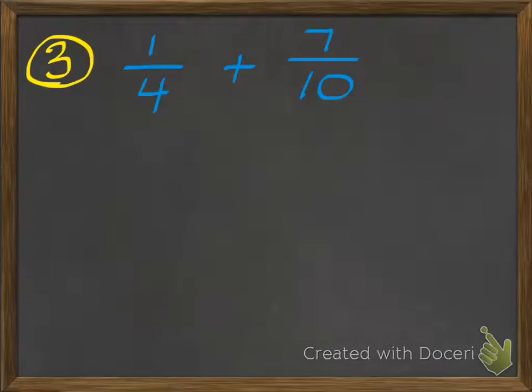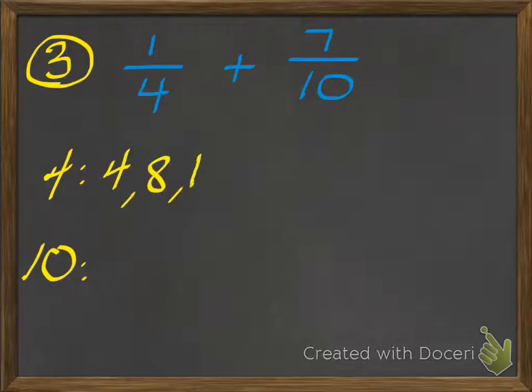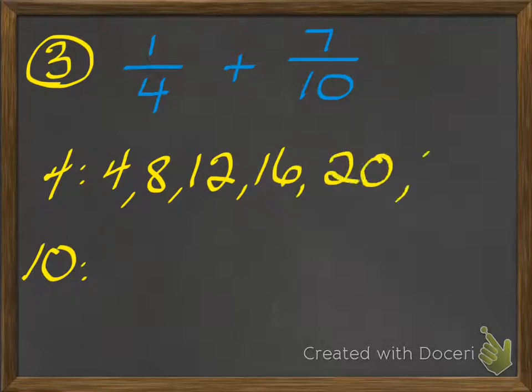Number 3, 1/4 plus 7/10. I need to find a common denominator for 4 and 10. So to do that, I'm going to have to find common multiples. Okay, so the multiples of 4 are 4, 8, 12, 16, 20, 24, and I could just keep going on, but I'll stop there.